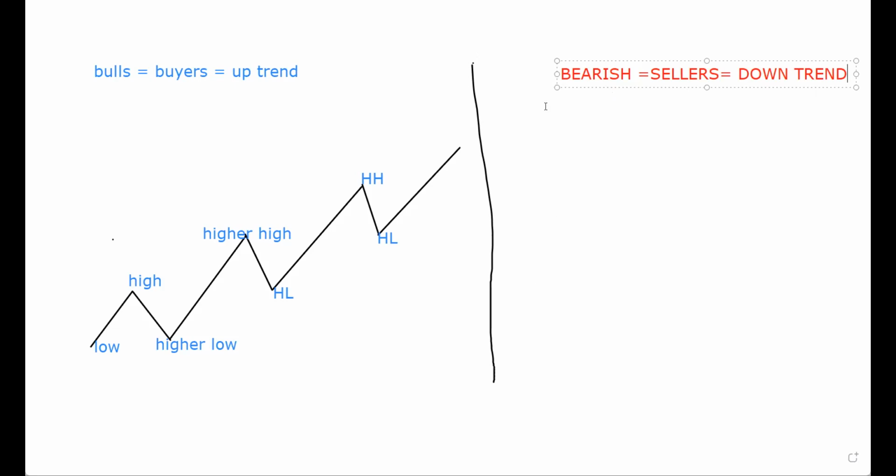For a downtrend, it's just the opposite. Now, this is what a downtrend looks like. Let me use this to make things faster.